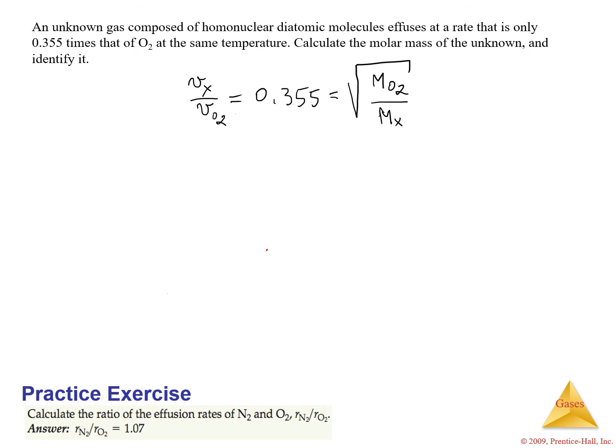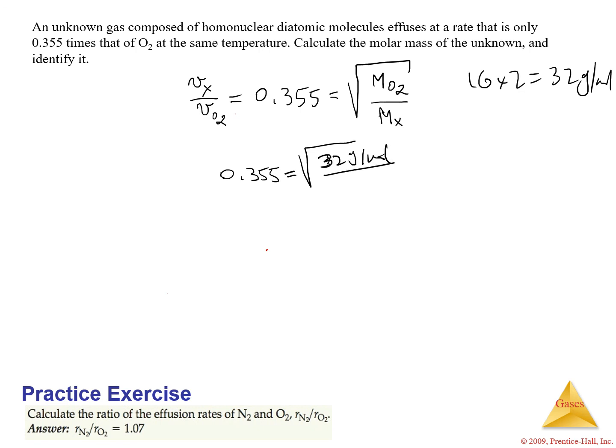Of course, for the molecular mass of oxygen, we use molecular weight. And so this is 16 times 2, that's 32 grams per mole. So we have 0.355 equals the square root of 32 divided by the M of X, which is of course the mass of the unknown.